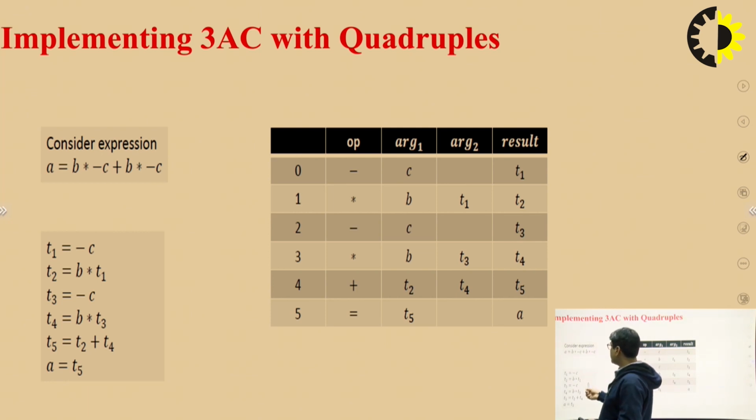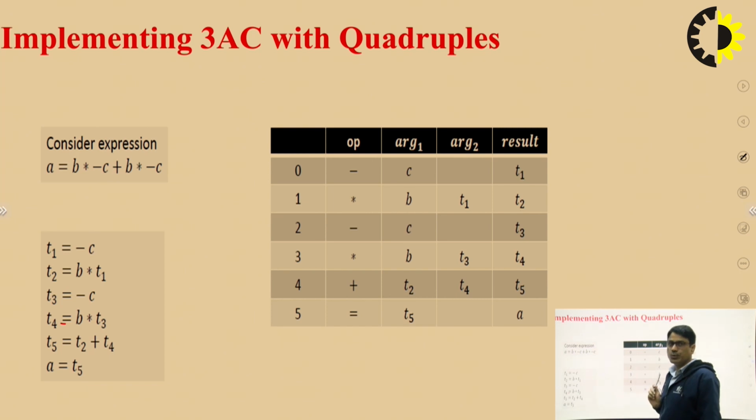Okay. So you have to convert this long expression into 3 address code, where every statement is in the form of 3 address code. You will see T1 equals minus C, T2 equals B star T1, T3 equals minus C, T4, whatever code is given, in the form of 3 address code.